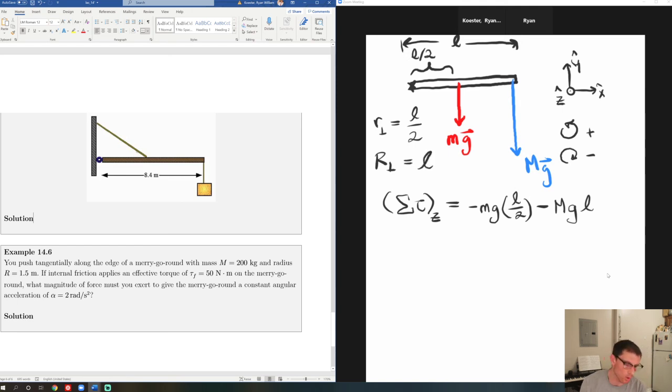And notice, if we were to draw a vector from the axis of rotation to either of these gravitational forces, there would be a 90-degree angle between them. We did have one expression for the magnitude of torque that depended on sine, but sine of 90 is just 1. So that's why we're not writing it here.